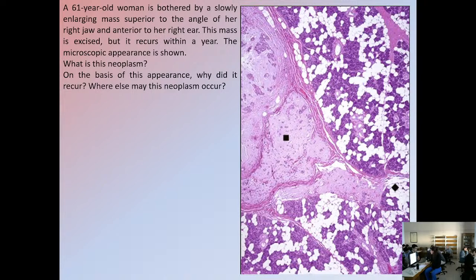This is a case of a pleomorphic adenoma, a benign tumor, which we will discuss. What do you think? Do you remember from histology the structure of the normal salivary glands? They consist of acini, which produce the saliva, and of ducts, which take the saliva and bring it to the mouth.